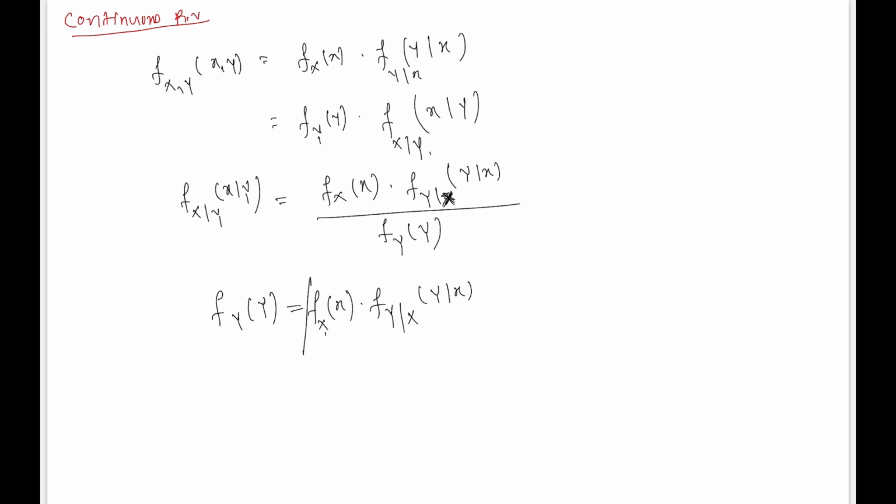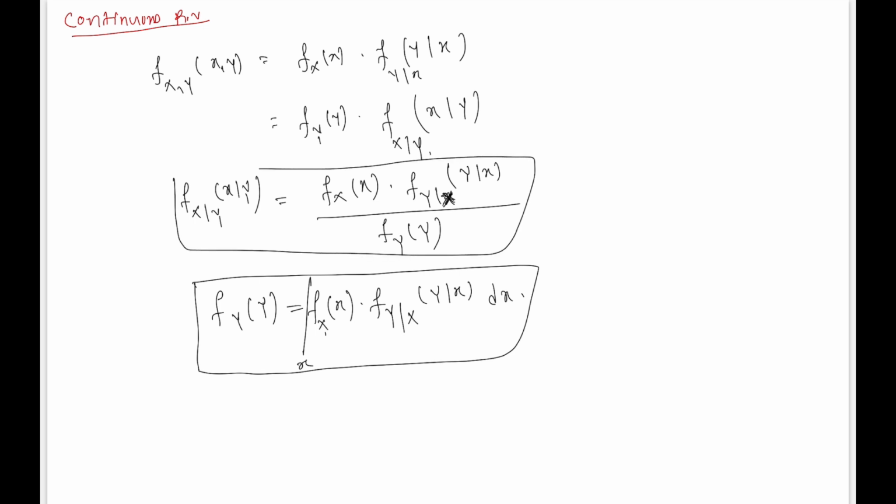That means we need to integrate over all the possible values of x, right? You have already gone through how we can find the marginal PDF. So this is the Bayes rule variation of the continuous case.